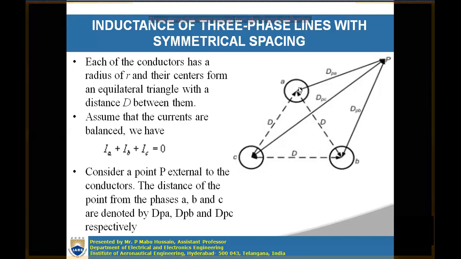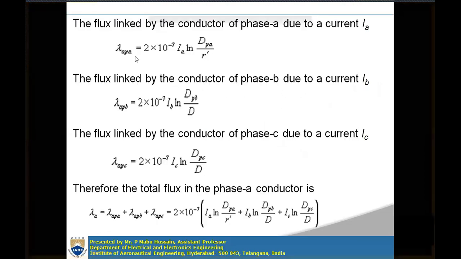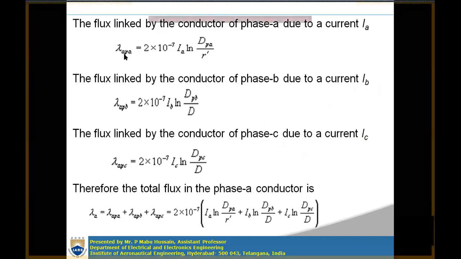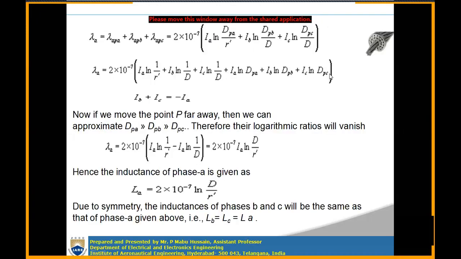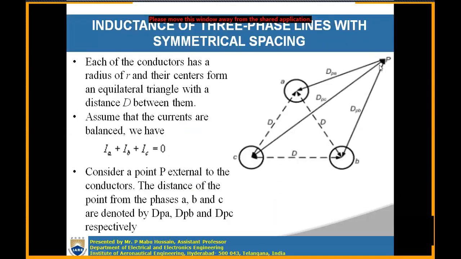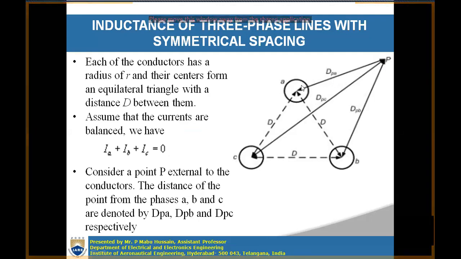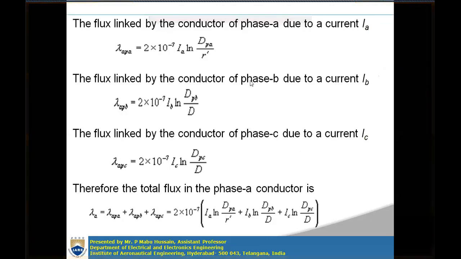This is represented as lambda APA, which is equal to 2 into 10 to the power minus 7, times the current flowing through conductor A, times ln of dPa by r dash. dPa is the distance from point P to conductor A, since you have to consider the flux up to the point P, and r dash is the radius of this conductor.